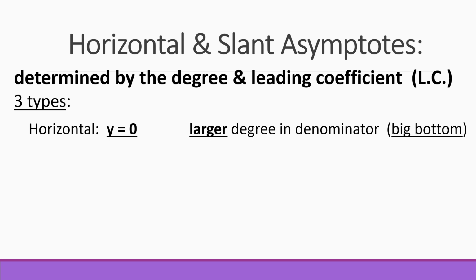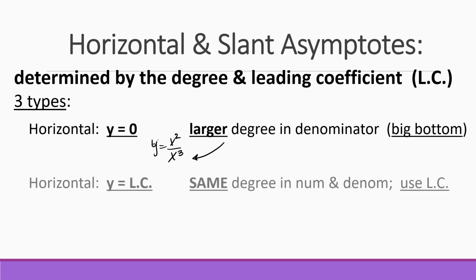This means I have a larger degree in the denominator. For example, I could say y equals x squared over x to the third. Because the denominator is larger, it has a big bottom, I say y equals 0. That's where the horizontal asymptote occurs.